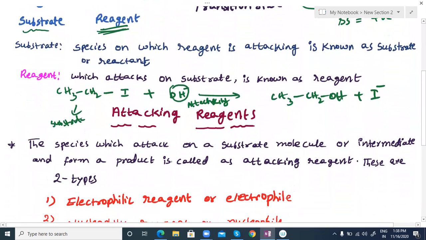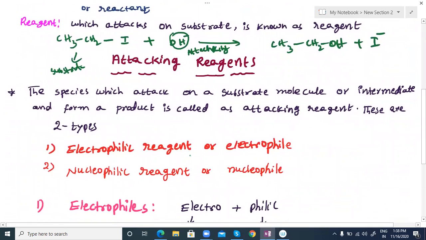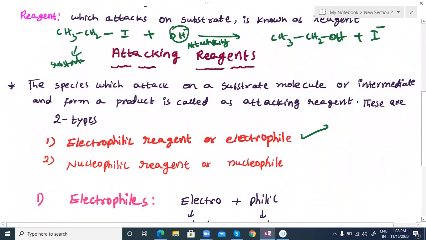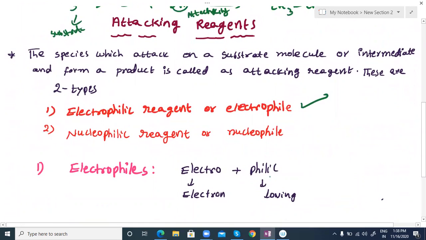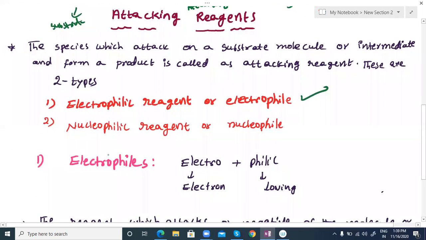The species which attacks a substrate, molecular intermediate, and forms a product is called an attacking reagent. These are generally of two types: the electrophilic reagent or electrophile, and the nucleophile or nucleophilic reagent. Very simple. Electrophilic means electron-loving species, which have electron deficiency, and only those can accept electrons.